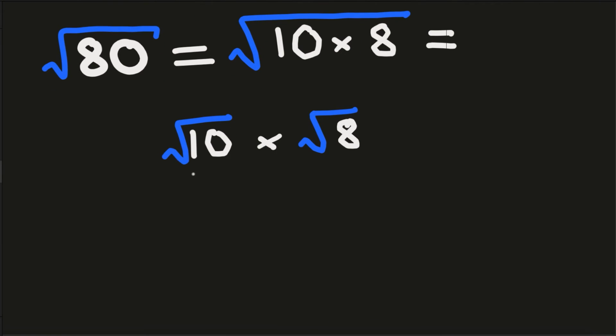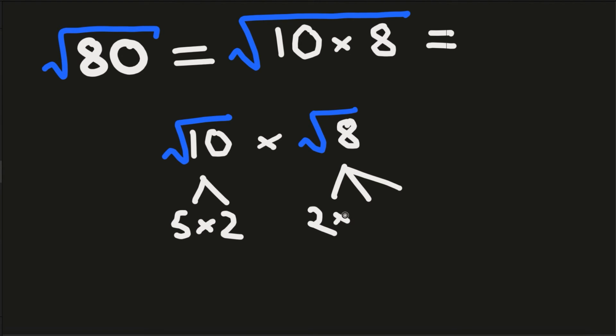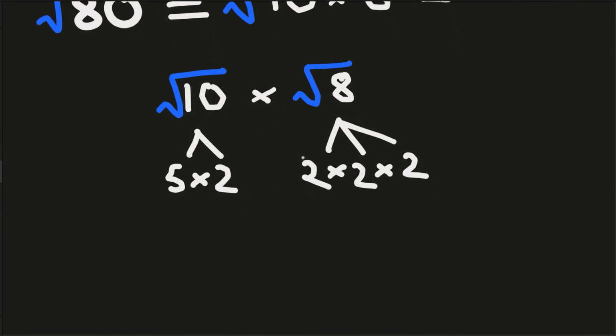Well, we know that we can rewrite this as 5 times 2. We can also rewrite this as 2 times 2 times 2. Notice that we have 4 2's and only 1 5.